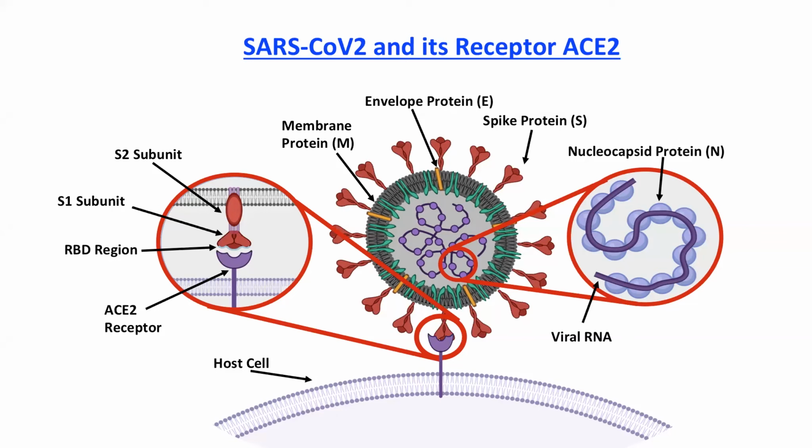It is more conserved, so it is less mutated. So it could be important for vaccine development because, since it is more conserved and less mutated, it may be more important for vaccine development in the long run. We've shown that it's glycosylated; it's actually heavily O-glycosylated.